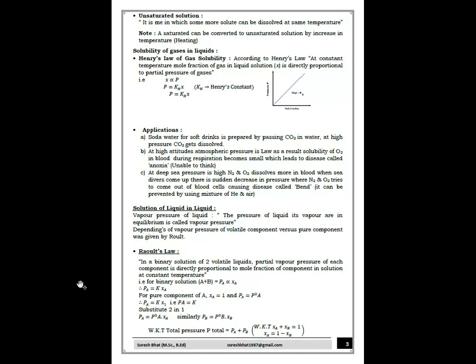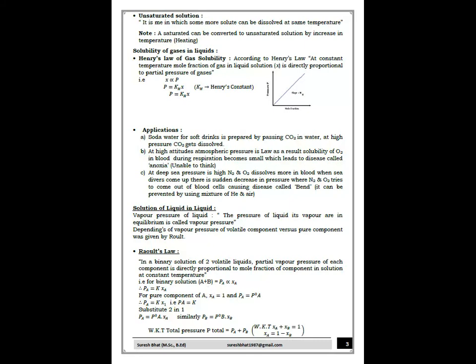This is an important statement. So we first study the statement of Raoult's law. Raoult's law states that in a binary solution of two volatile liquids, we know what binary solution means, yesterday we have discussed it, of two volatile liquids. What do you mean by volatile? Which easily gets evaporated. Partial vapor pressure of each component is directly proportional to mole fraction of component in solution at constant temperature.